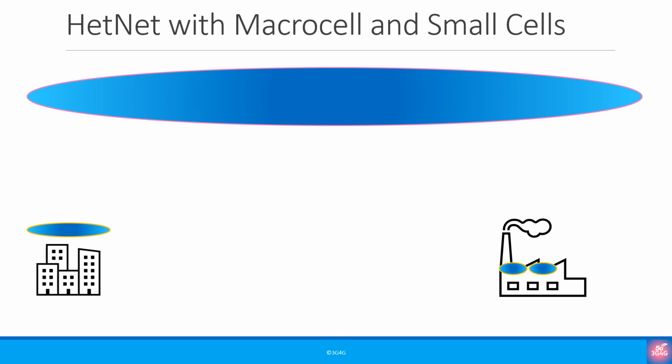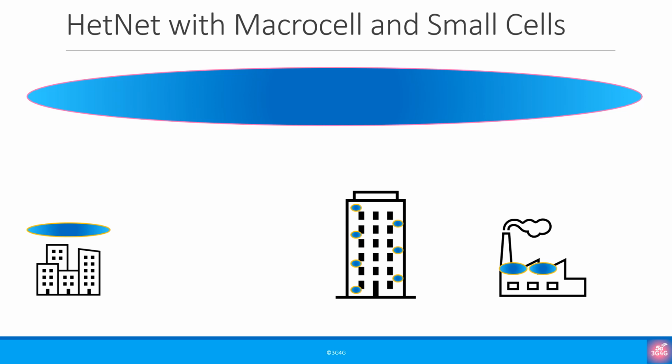This is because it's made of metal and the RF is unable to go from outside to inside. Here the operator has provided the factory with multiple picocells. You may have an office or shared work area with multiple femtocells. You might have a mall with a couple of picocells.